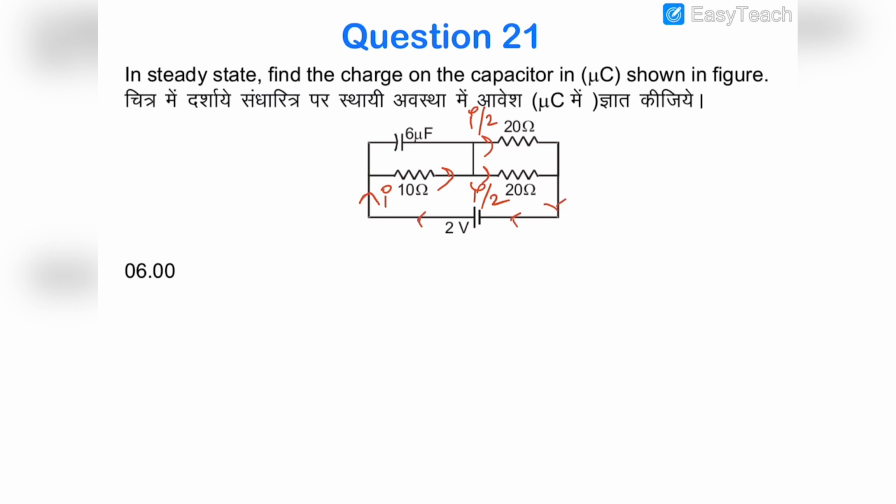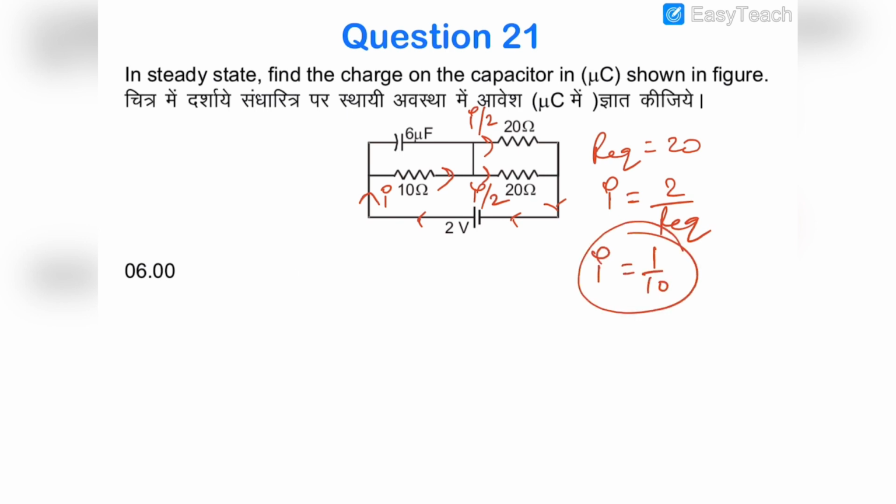So you can see that this 20 and 20, which are in parallel to each other, give 10, and 10 and 10 are in series. So the equivalent resistance would be equal to 20, and the current I would be 2 by R equivalent. So I is equal to 1 by 10.